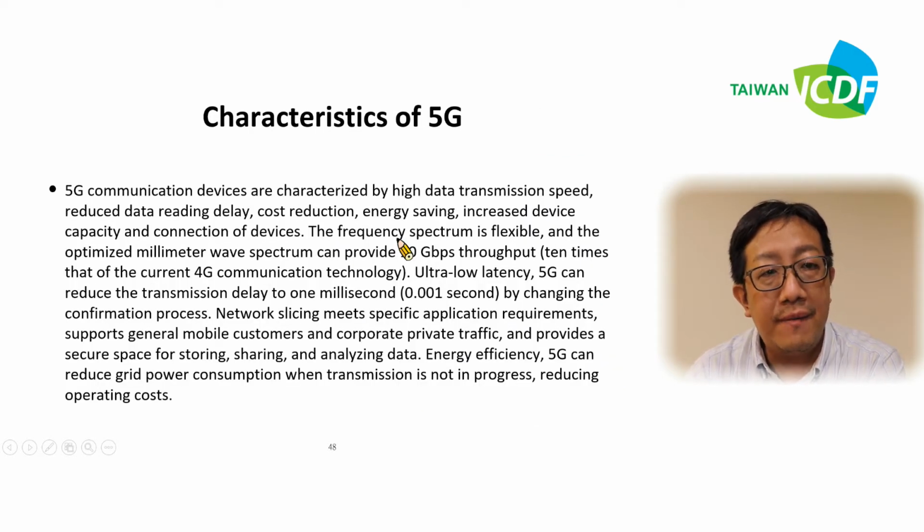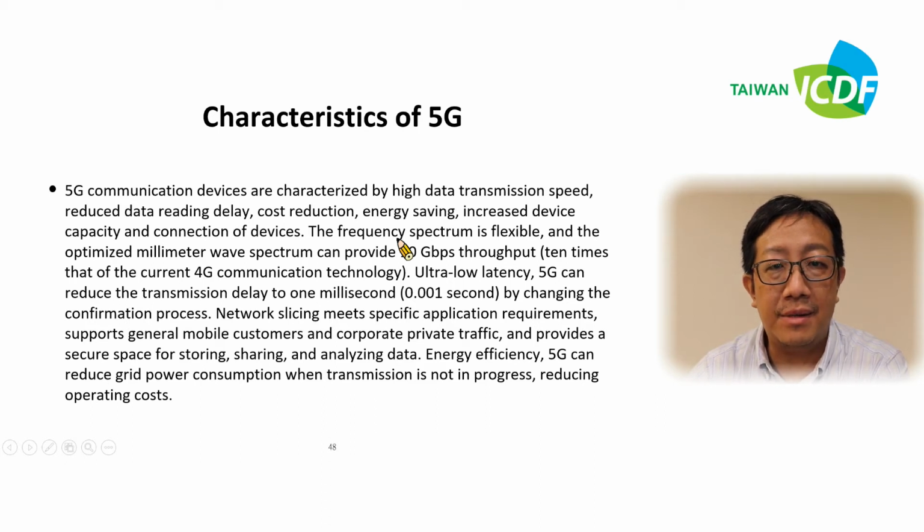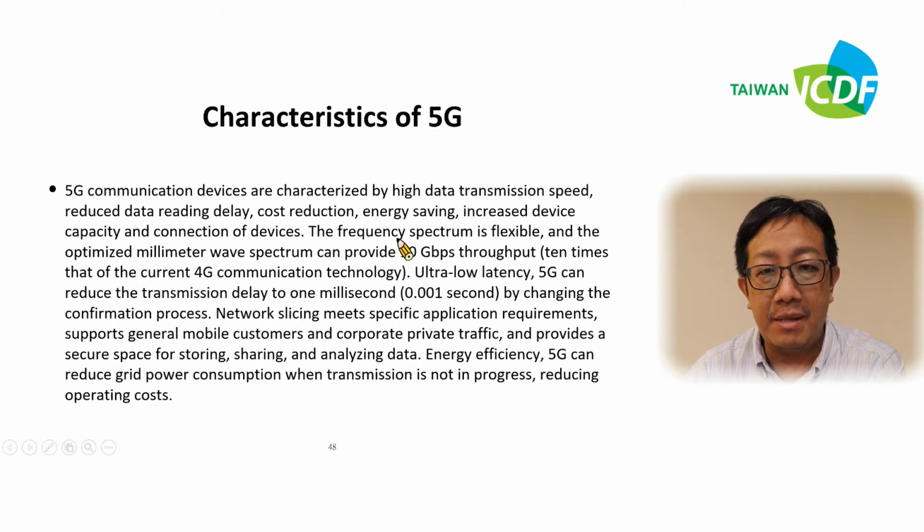And the 5G communication devices are characterized by high data transmission speed, reduced data reading delay, cost reduction, energy saving, and increased device capacity and connections. The frequency spectrum is flexible, and the optimized millimeter wave spectrum can provide 10 gigabits per second throughput. It's 10 times that of the current 4G communication.